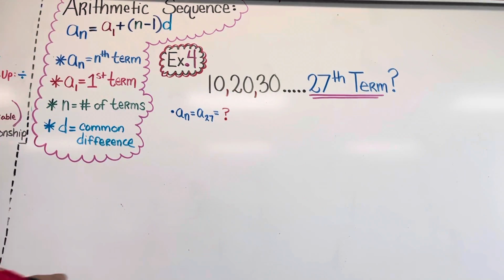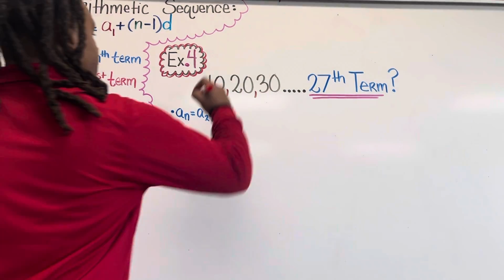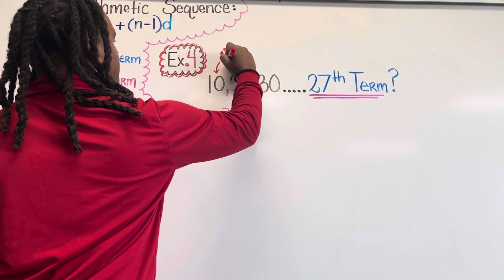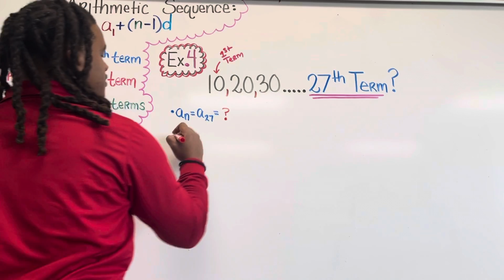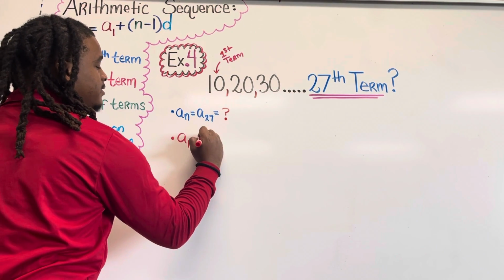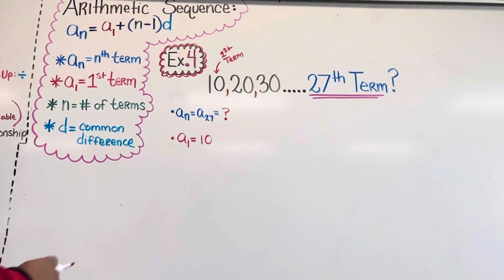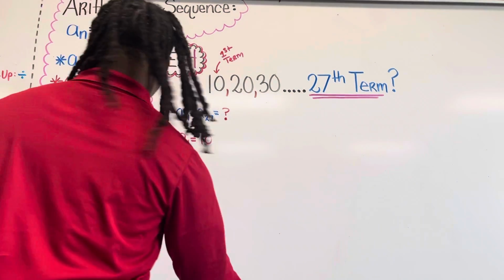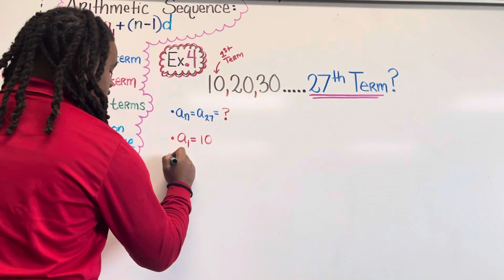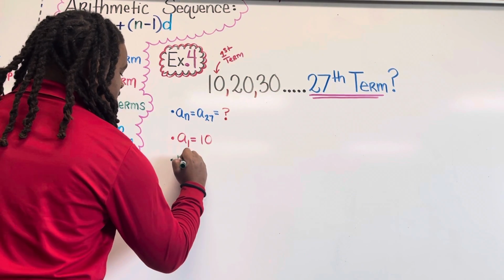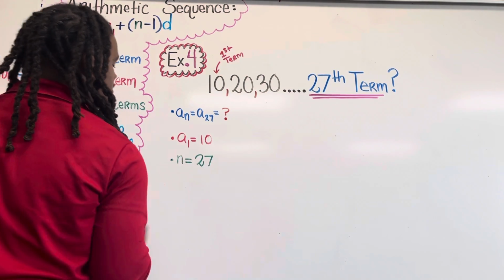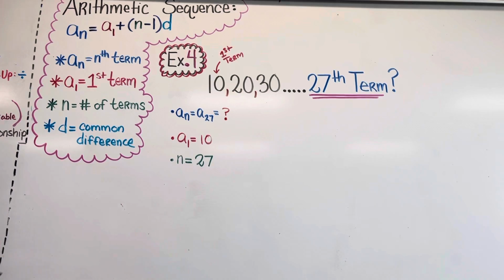The first term within the sequence is 10, so 10 is going to be our a_1. n, the number of terms, it says the 27th term, so that means that we have 27 total terms.